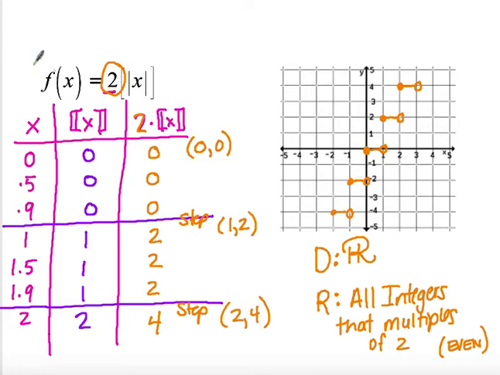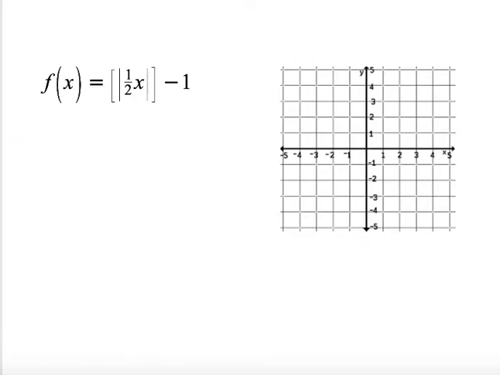All right, let's look at our last general example before we look at a real life problem. All right, so this one has a lot going on. So we have the greatest integer function in here, but we also have a multiplication inside, and we have a subtraction on the outside. So we have 2 operations happening in addition to the round down function. So I'm going to perform the order of operations.